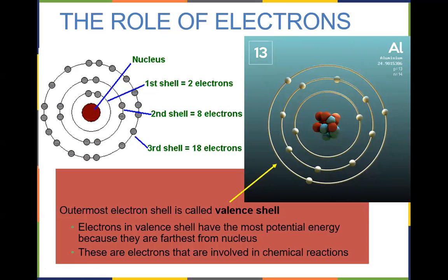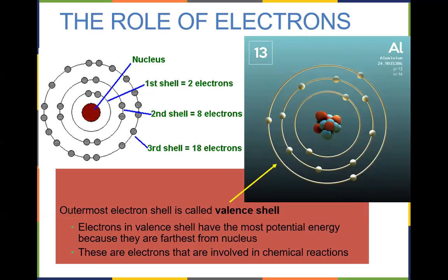The outermost shell, regardless of whether it's the first shell or the second shell or the third shell, is called the valence shell. And the valence shell has the most potential energy. Doesn't matter which shell it is.